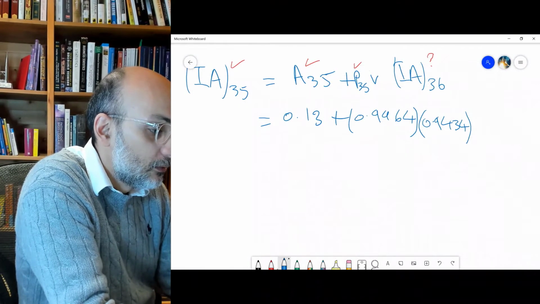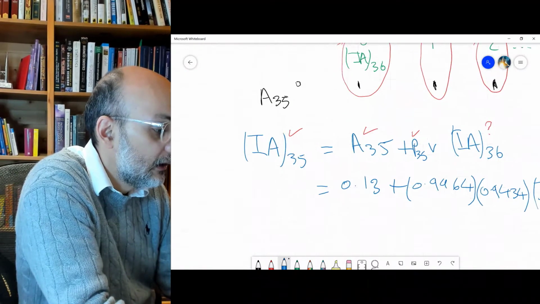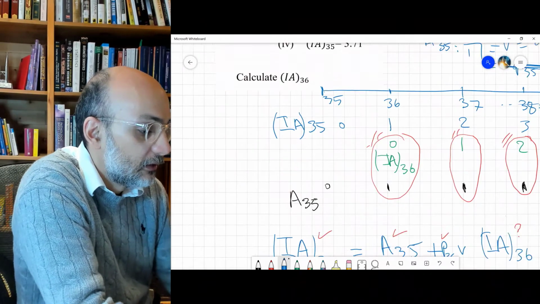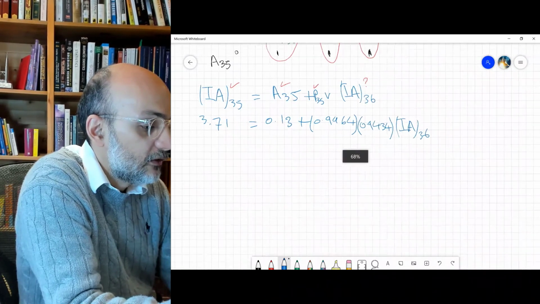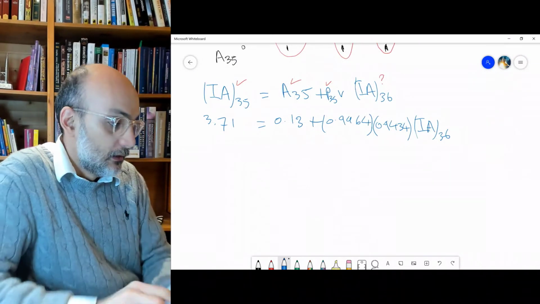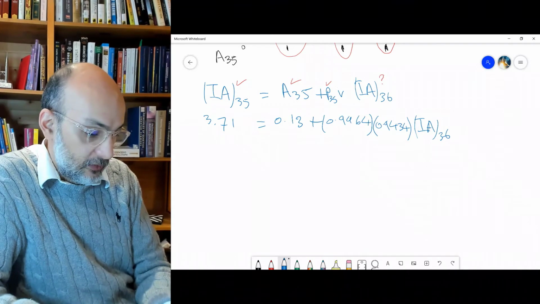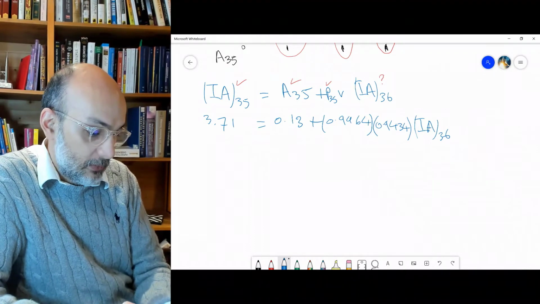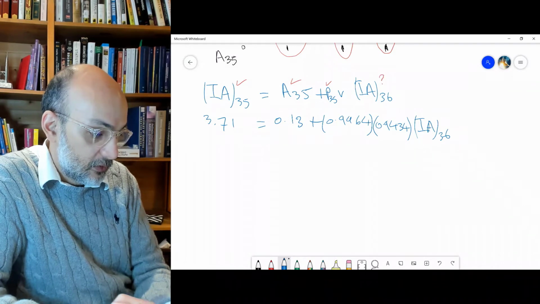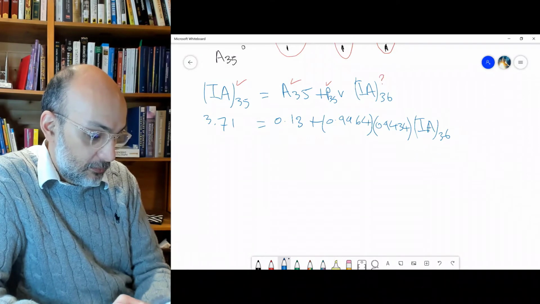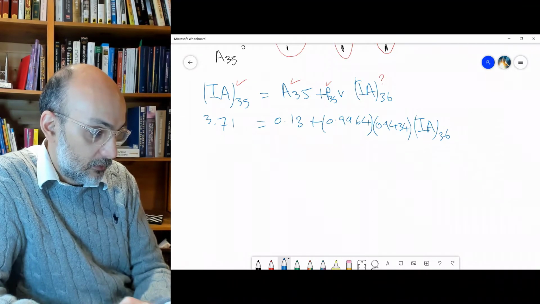And what we wanted here is IA36, and IA35 is given to us as 3.71. Let us plug these values into our calculator. 3.71 minus 0.13, divided by 0.9964, divided by 0.9434.